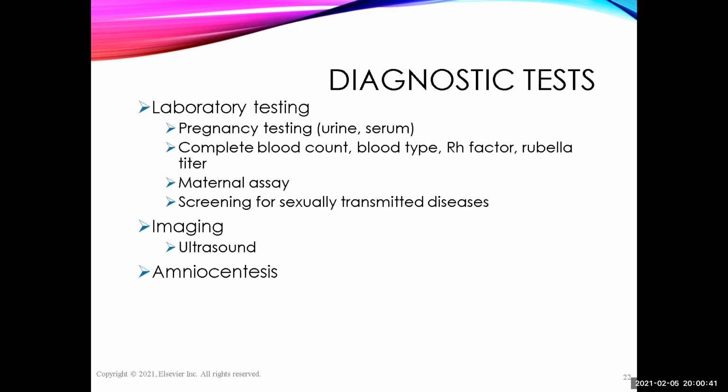So we're going to diagnostic tests. This is the reason why we're giving you the quiz, so basically you're going to go through these things. You're going to want to understand how they do the pregnancy test, what a CBC is, and why it is important to know her blood type, Rh factor, and rubella.